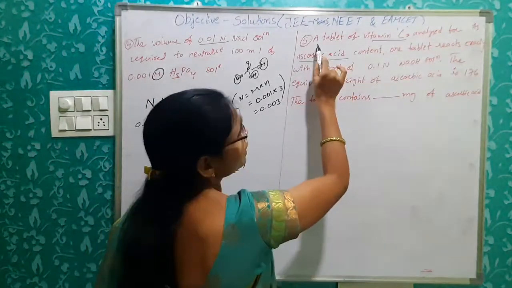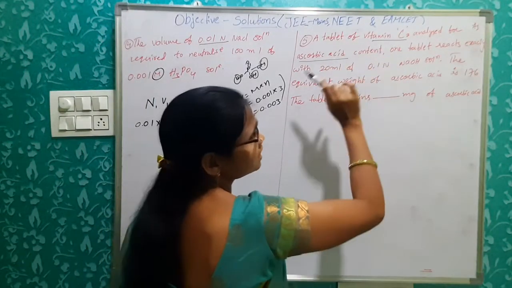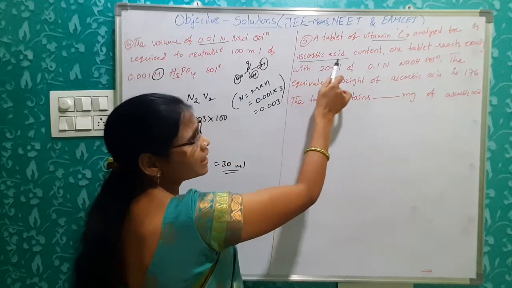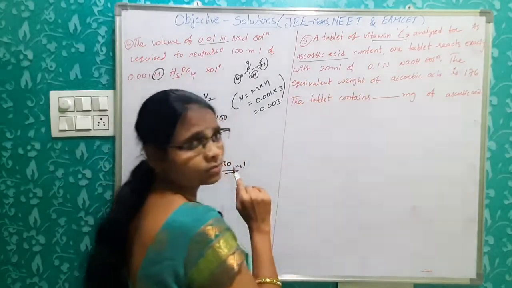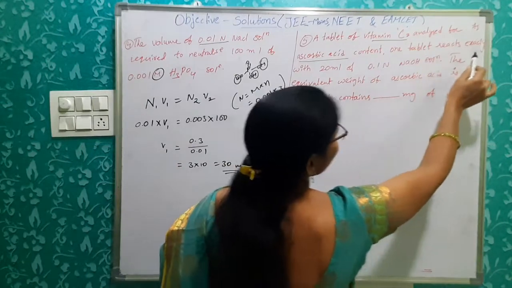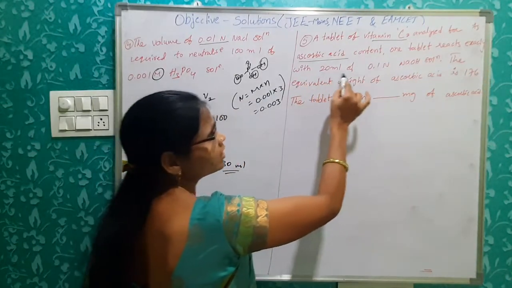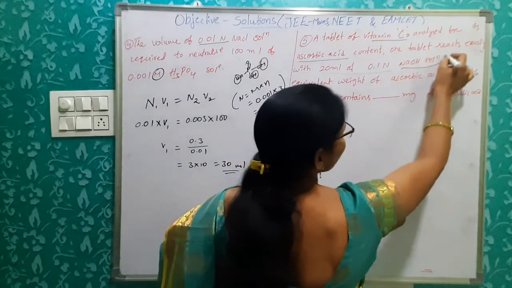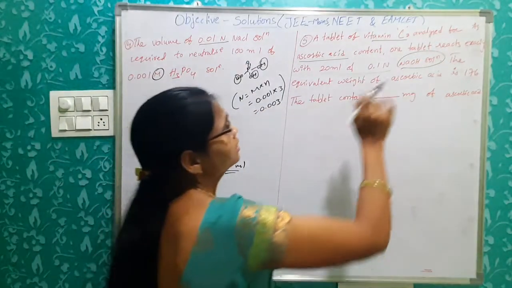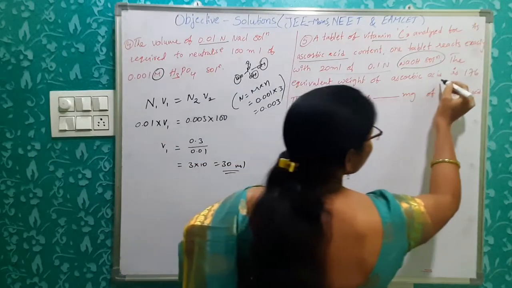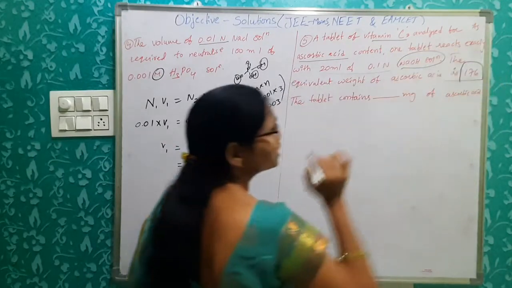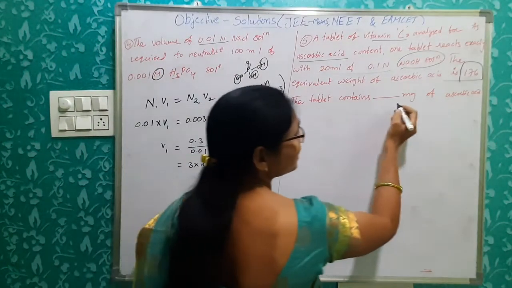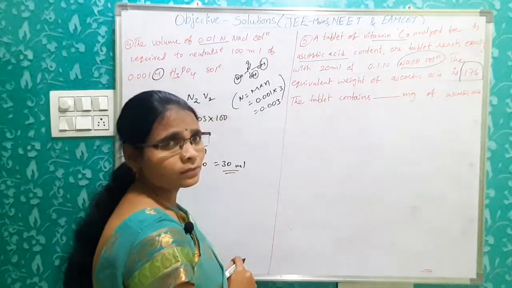Listen to me. A tablet of vitamin C is analyzed for its ascorbic acid content. One tablet reacts exactly with 20 ml of 0.1 N NaOH solution. The equivalent weight of ascorbic acid is given as 176. The tablet contains dash milligrams.